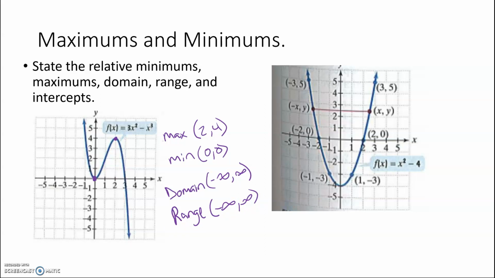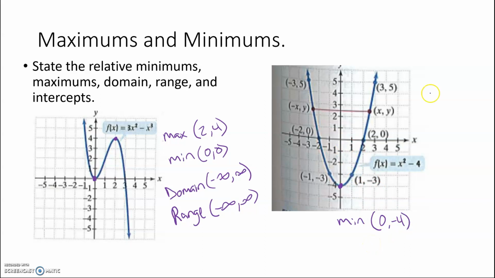Moving on to the next one, we got a parabola over here, the quadratic. We don't really have a maximum, but we do have a minimum. So it's okay not to have one. Our relative minimum is at 0, negative 4.